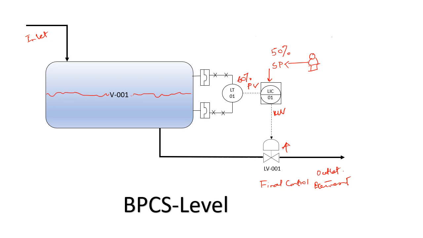So if the valve opens more, suppose earlier it was 30%, now it goes from 30 to 40%. When it becomes 40%, suppose the level has come down from 60 to 55%, or it goes to say 45%.